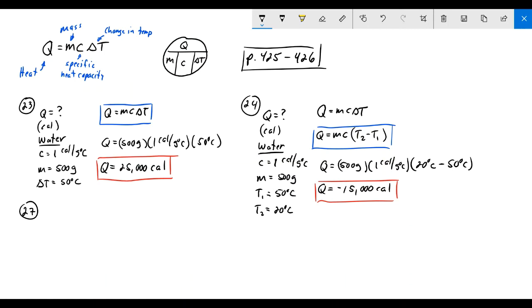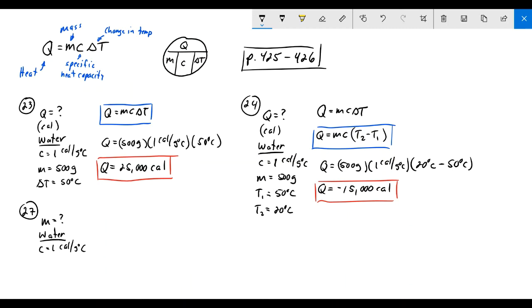This problem reads, what mass of water will give up 240 calories when its temperature drops from 80 degrees Celsius to 68 degrees Celsius? So we want to find the mass. And it does say water. So I'm going to list that again, because the specific heat capacity for water, if we're dealing in calories, is 1 calorie per gram degrees Celsius.